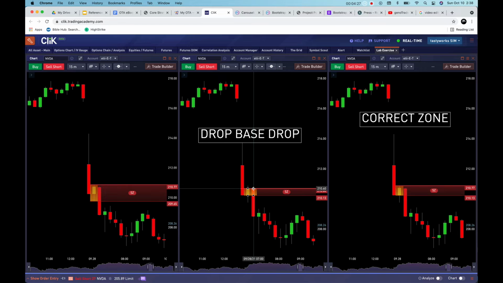Okay, so for the drop, base, drop formation, when placing the distal line, we want to go with the highest price point in either the base or the leg out candle. As we can see, the highest price point is in the base, so we would not use the leg out candle to place the distal line. All right.